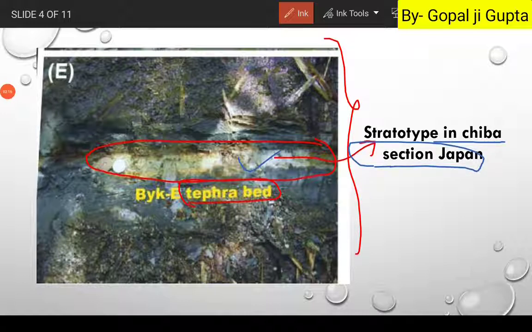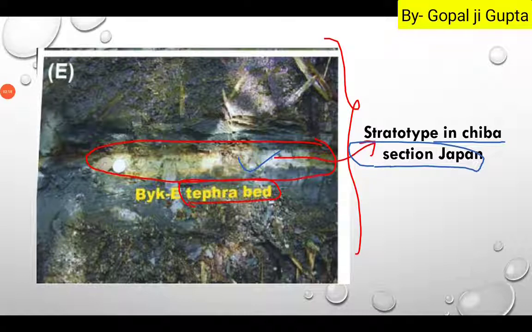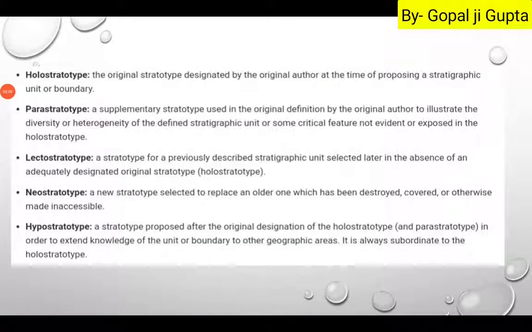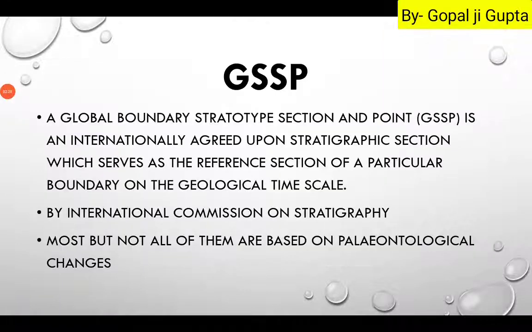Now there are several types of stratotypes also, and what are they? They are the holostratotype, parastratotype. If you are not going into the research field, you can just skip these things. But the basic fundamental of stratotype is that it is a reference layer or a reference rock within a rock sequence or a section.